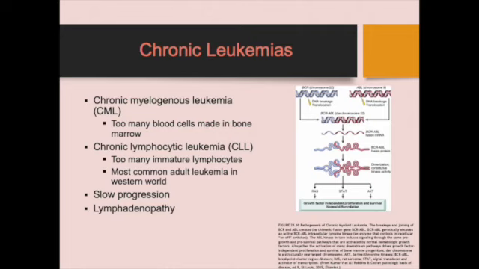Now, during the chronic phase, the predominant cell is a long-lasting hematopoietic stem cell. We will see the Philadelphia chromosome in about 95% of patients with CML. And there's also going to be the presence of the BCR-ABL1 protein, which is responsible for the initiation of CML.